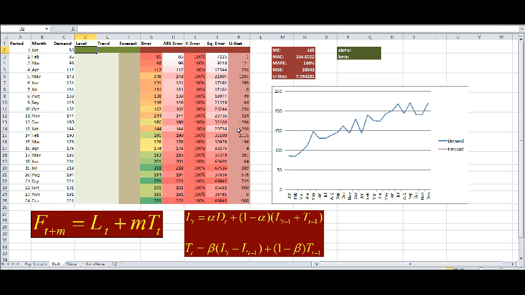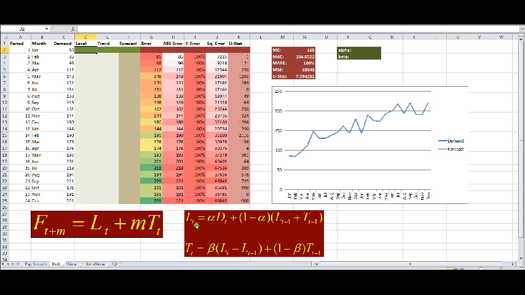So we need two more things, two more sub-calculations in order to get our forecast. We need to get an estimate for level, and we need to get an estimate for trend. And the formulas I write down here.